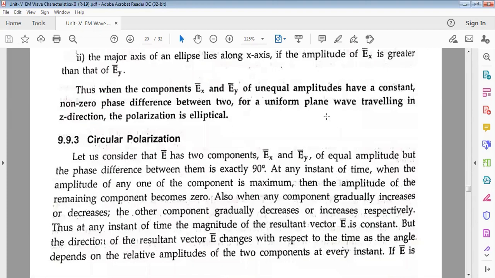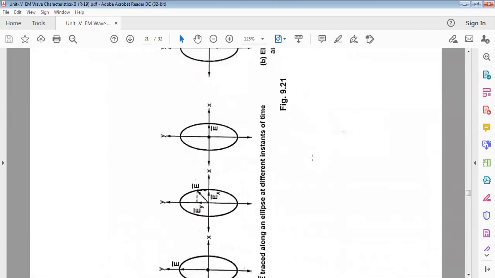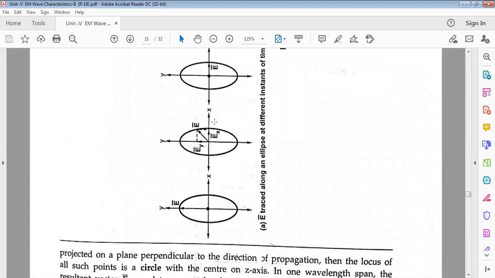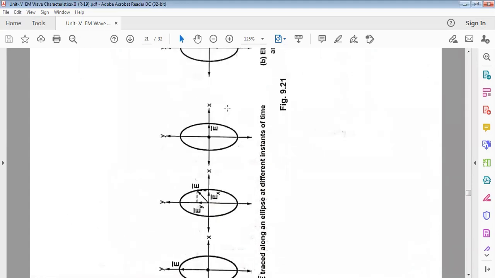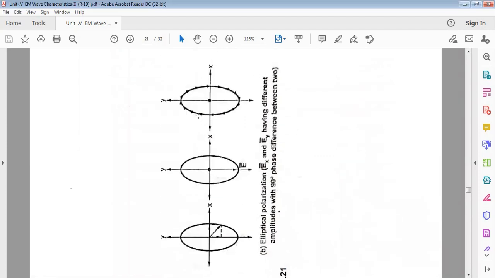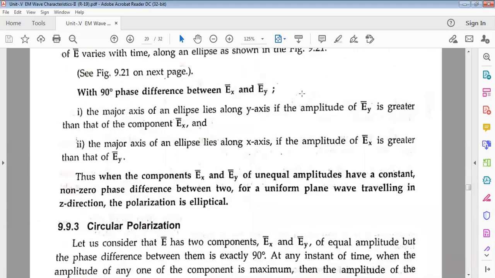You see here, in these figures, it traces as it moves in the direction of EX and EY bar. It looks like an ellipse here. You can trace the points in the clockwise or anti-clockwise direction, and you get the elliptical shape.